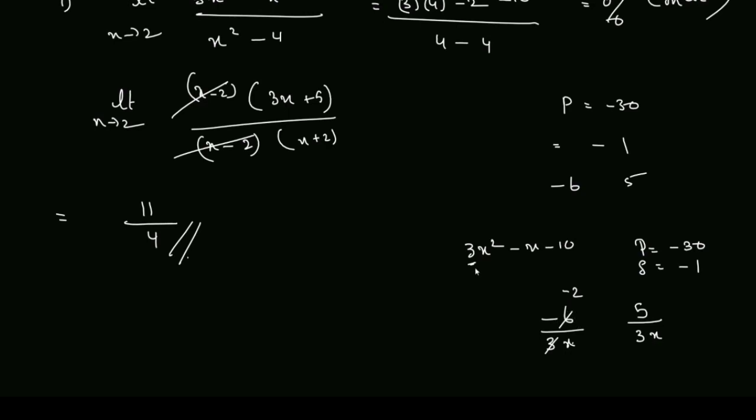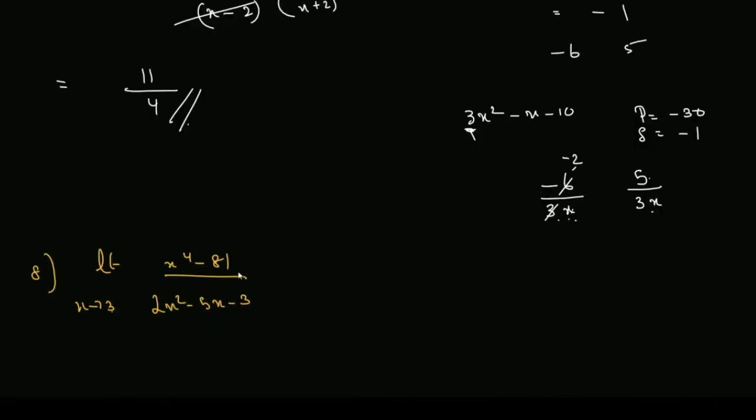Understood? So you can always do this. When you know the numbers, just write the coefficient of x square here and x, 3x, the same 3x, write it here. If you can cancel it, so x minus 2 and 3x plus 5.